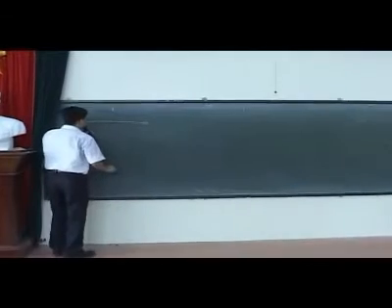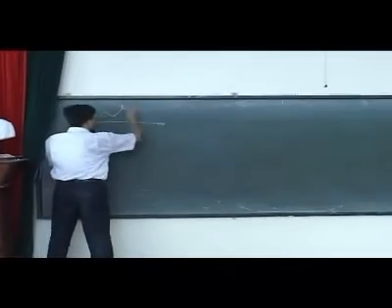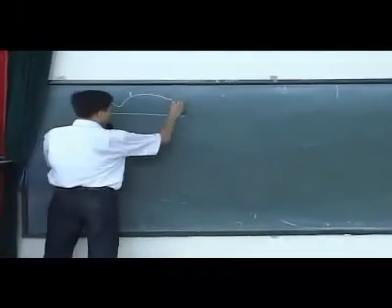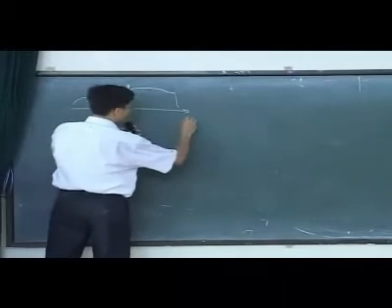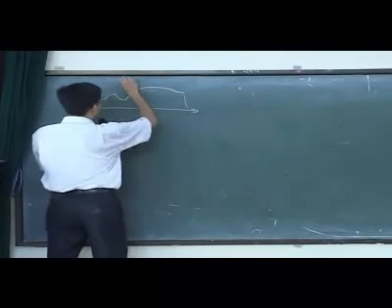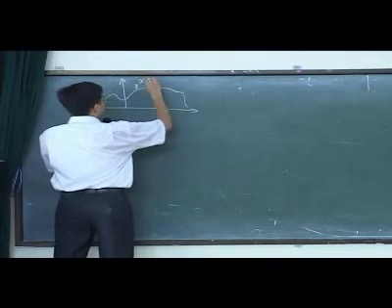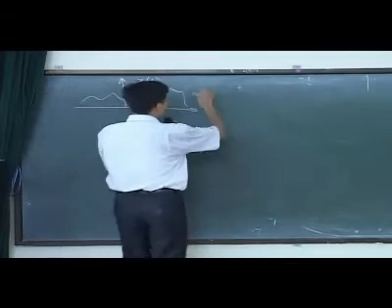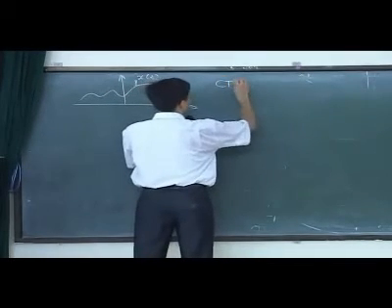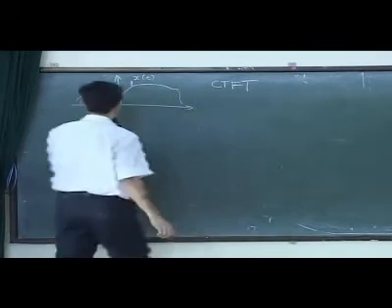So, what do we have? I have an original signal, that is x(t). And across x(t), we have a continuous domain Fourier transform.